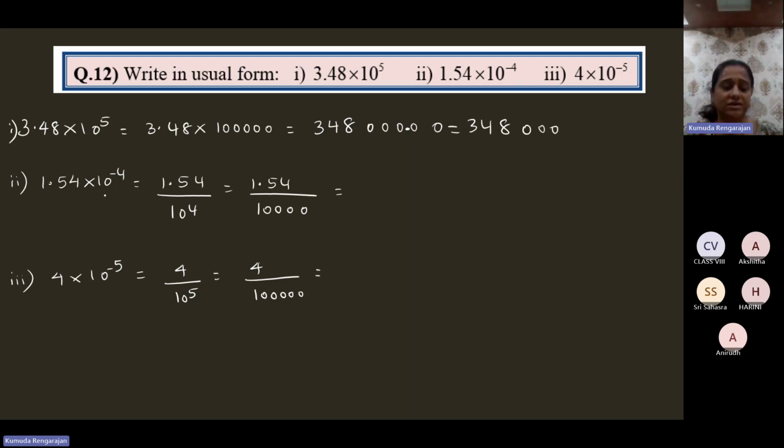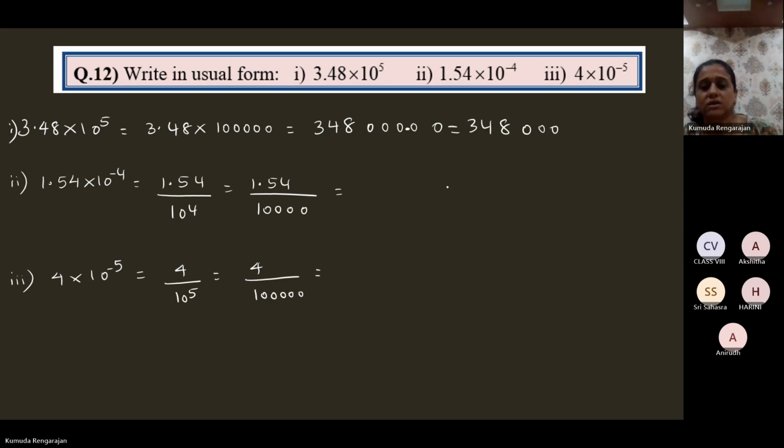Okay. The next one, Sahasra, see it's 10 to the power minus 4. So since the power is negative, write that in the denominator with a positive power. So 10 power minus 4, which is in the numerator, becomes 10 to the power 4 in the denominator. So that's nothing but 1.54 divided by 1 followed by 4 zeros. Now tell me what's the answer?